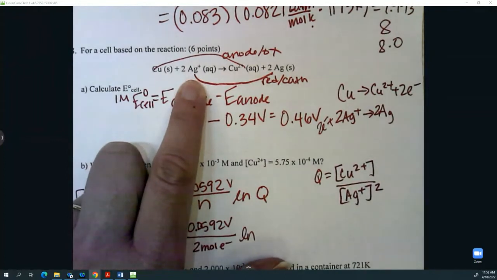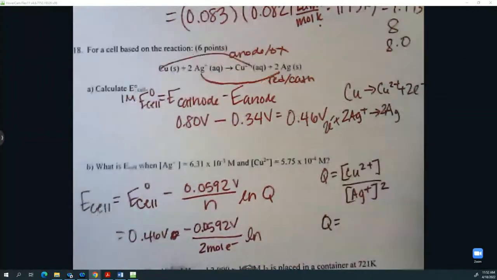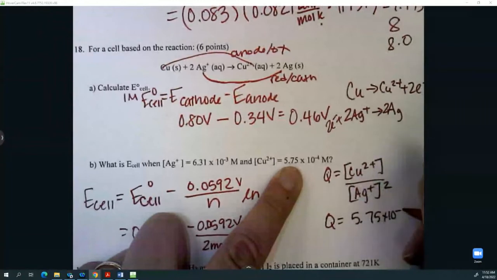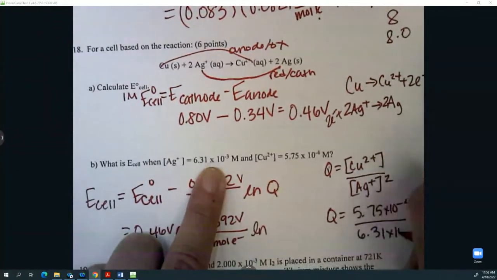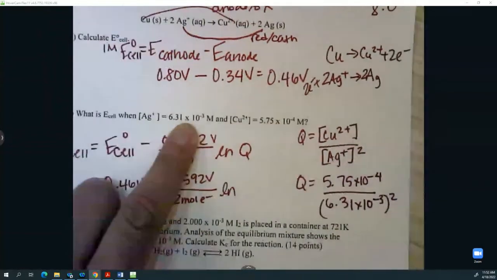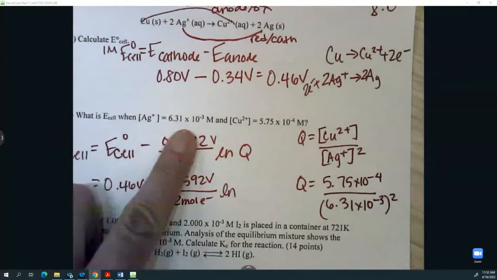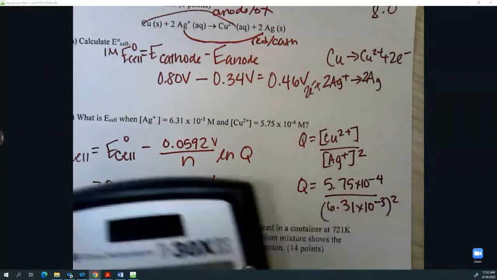The Q is complicated enough that typically I would solve it off to the side and then plug it in. I know my equilibrium constants don't have units, so my Q is not going to have a unit either, so I left off the molarities. But I can't forget to square the silver.